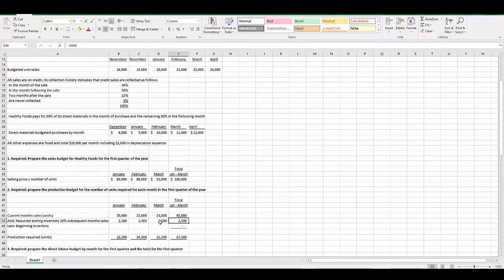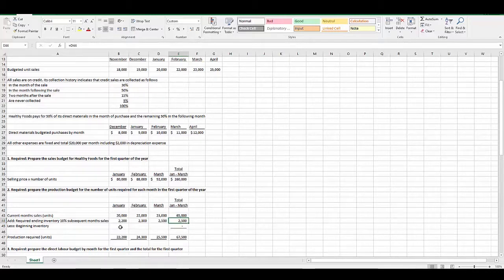That's something a lot of students miss out on and lose marks. So you have to be careful when you're deciding which numbers to add in total to be cumulative, which would be your sales, obviously. But in terms of your ending inventory, the end of the quarter is equal to the end of the month.